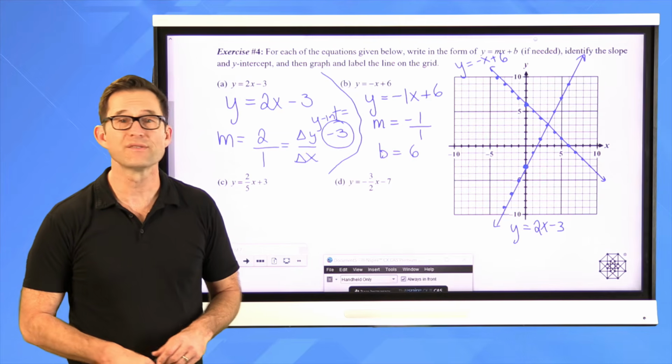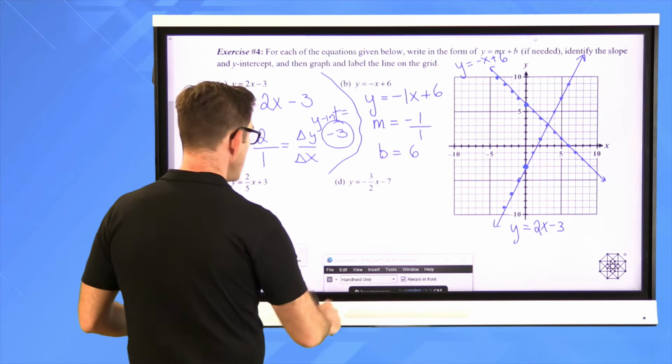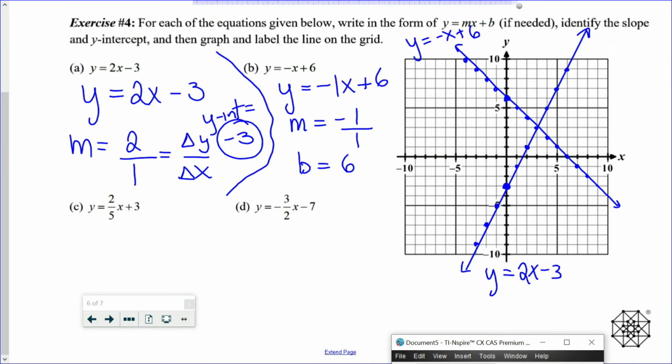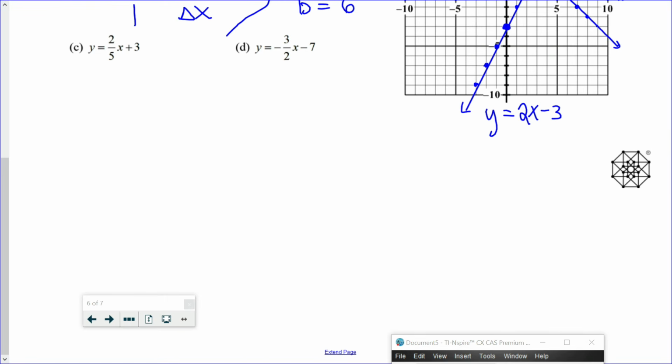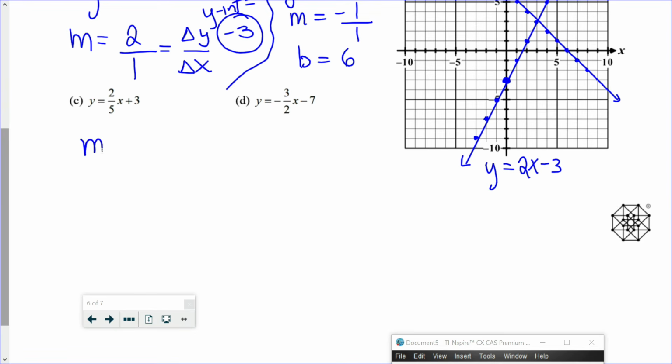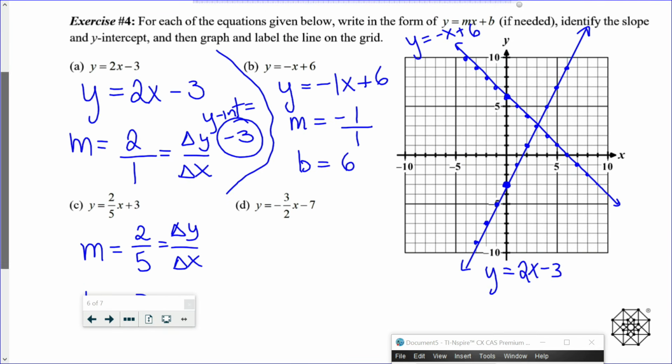All right, well, let's do it. Letter C is already written about as well as we can get it. Let me extend the page a little bit, right? Here, the slope is 2/5, again, telling me that for every 5 units I move to the right, I will go 2 units up, and the y-intercept is 3. So let's do it. We've got 1, 2, 3.